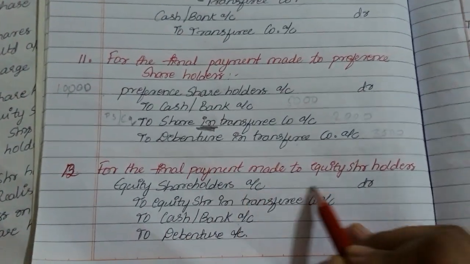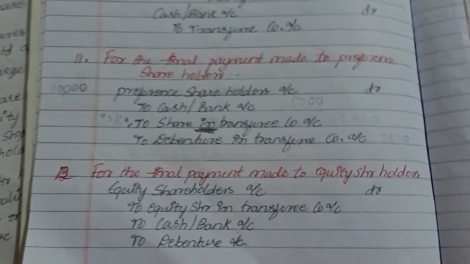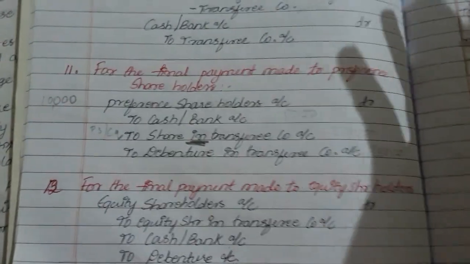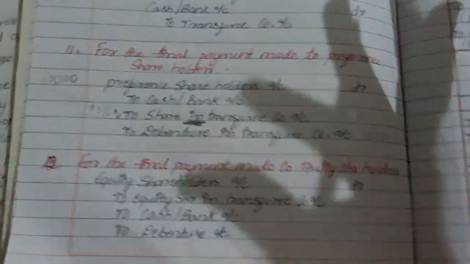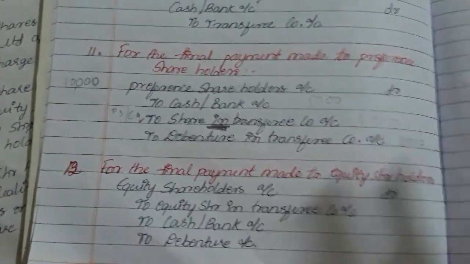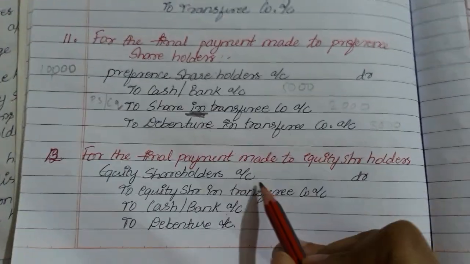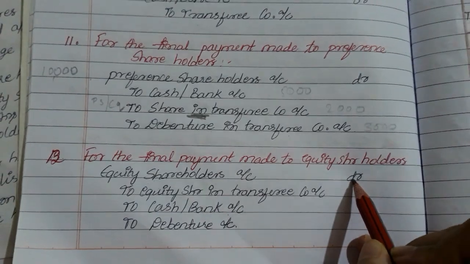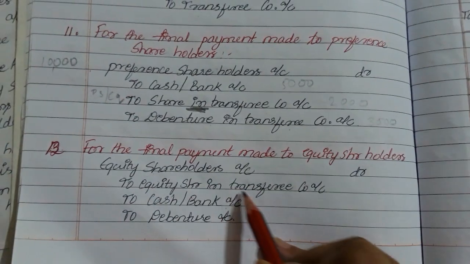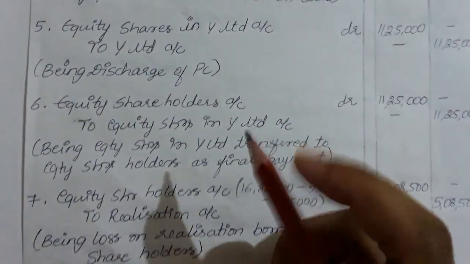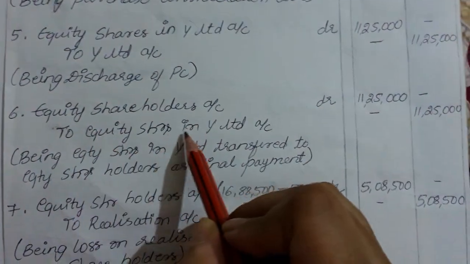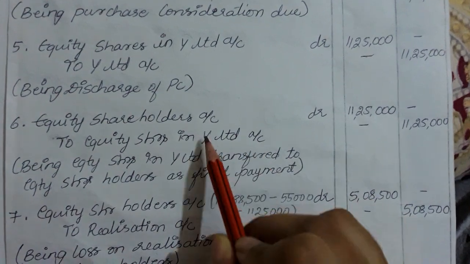So next, final payment made to equity shareholders. How are the equity shareholders given the money? As the question states, the equity shareholders are given equity shares in the transferee company. So the entry will be equity shareholders account debit to equity shares in transferee company account, that is Y Limited.